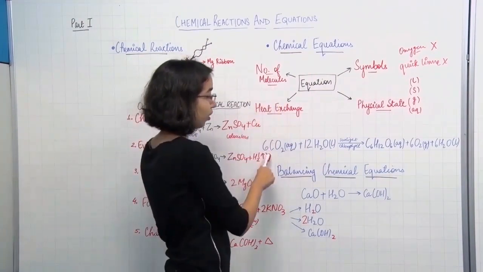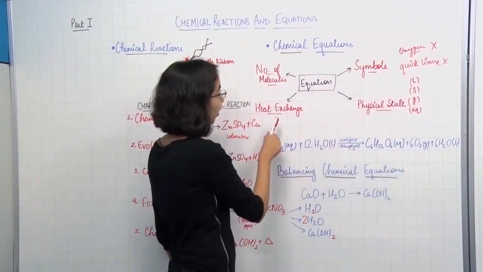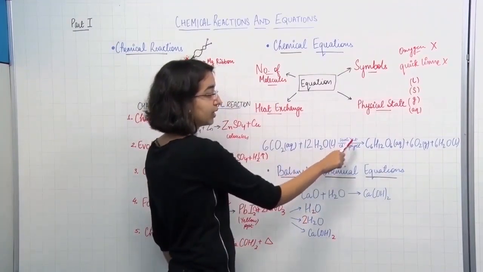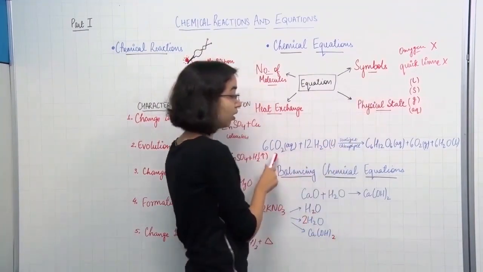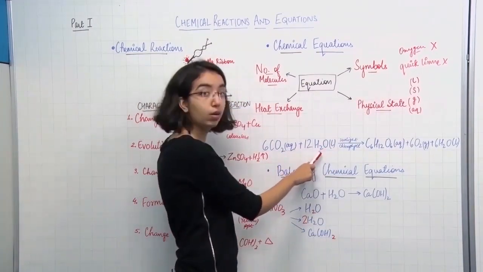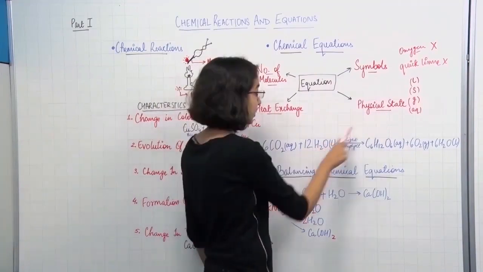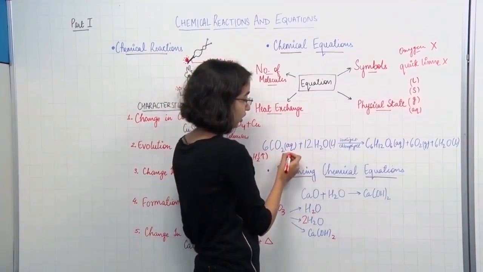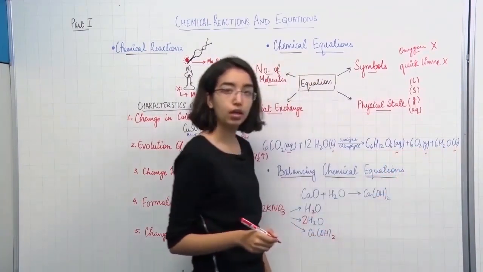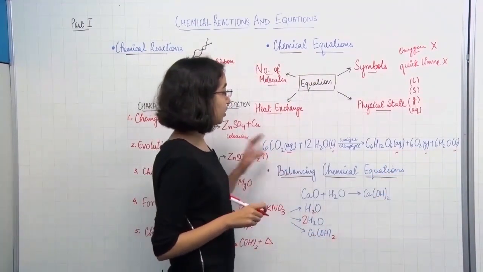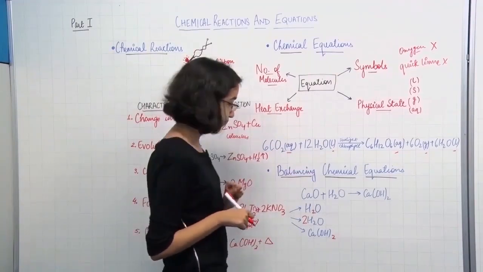The number of molecules are mentioned everywhere. The heat exchange is mentioned, that sunlight is being absorbed. The symbols are given for all the elements. I'm not writing carbon dioxide or water here. And the physical state of every element is mentioned here, like aqueous, liquid, aqueous, gas and liquid. So all this indicates a perfect chemical equation.